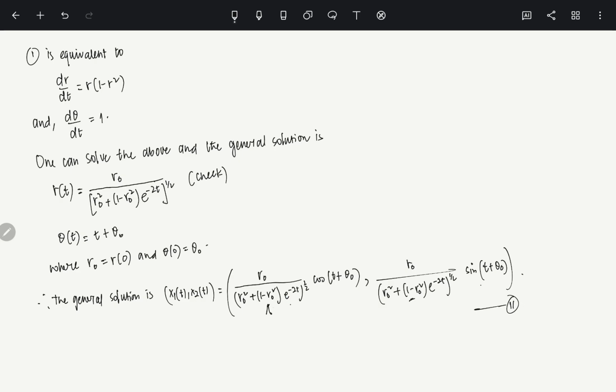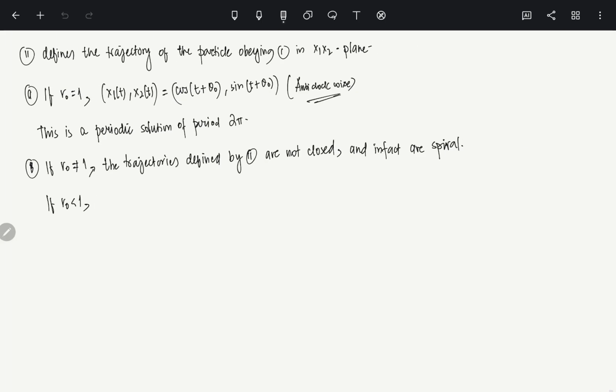What you can see from here is, when r naught is less than 1, the trajectories are spirals lying inside the circle.